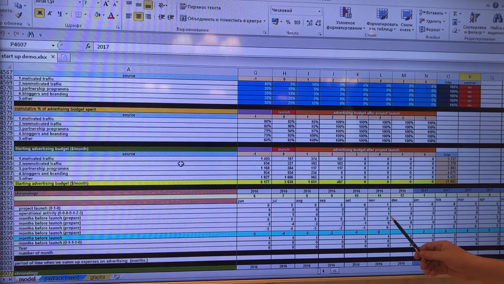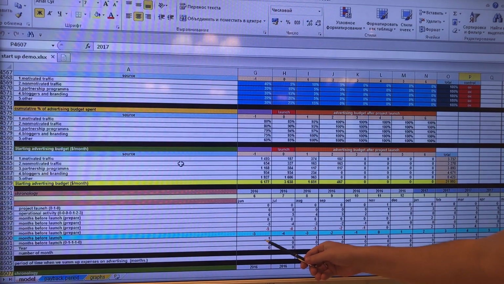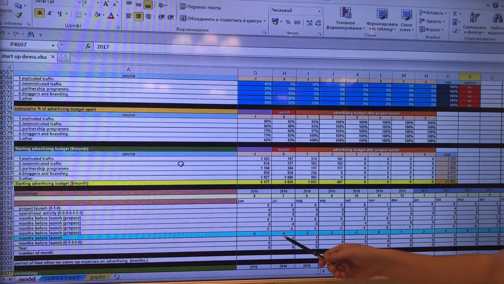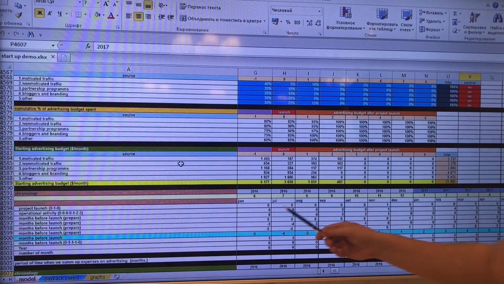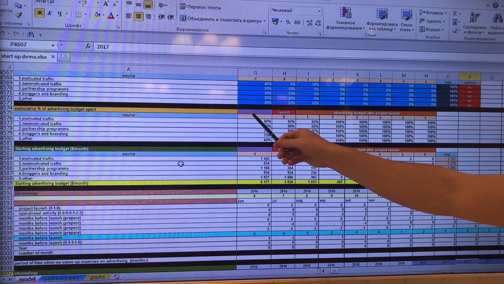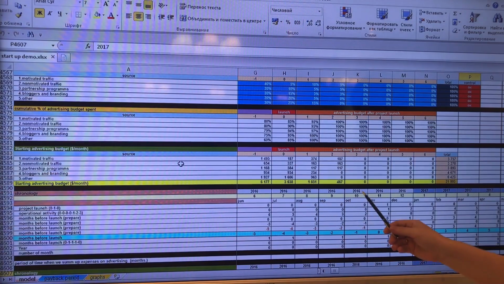Then from this time to the left, to the past, we count the months of the pre-operating stage, where we put additional advertising before we launch this game. If we have some advertising before we start, we put this money here in the pre-launch stage, and this will automatically appear in October, September, August 2016 before November.